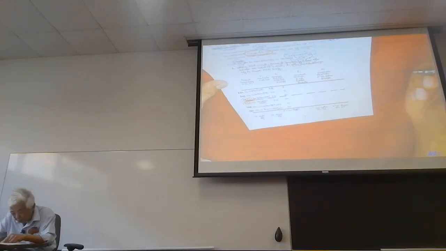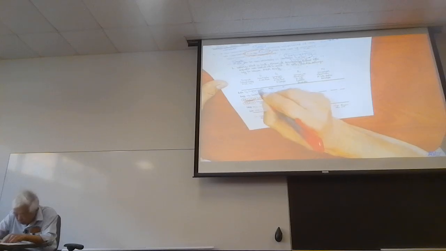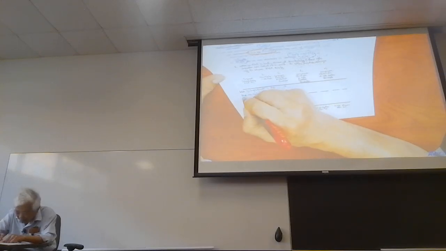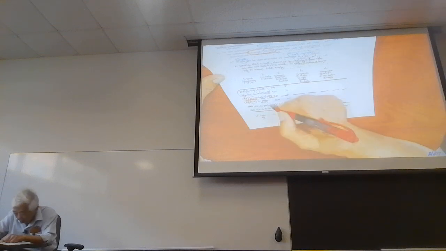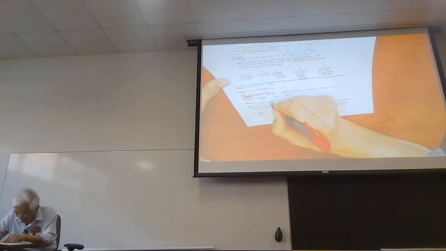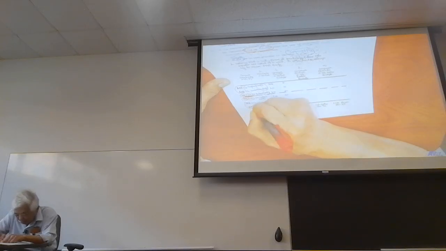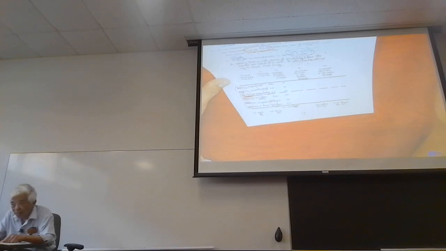Any component with boiling point lower than light key, we call that lighter than light key, LLK. Any component with boiling point higher than heavy key, HHK, heavier than HK.